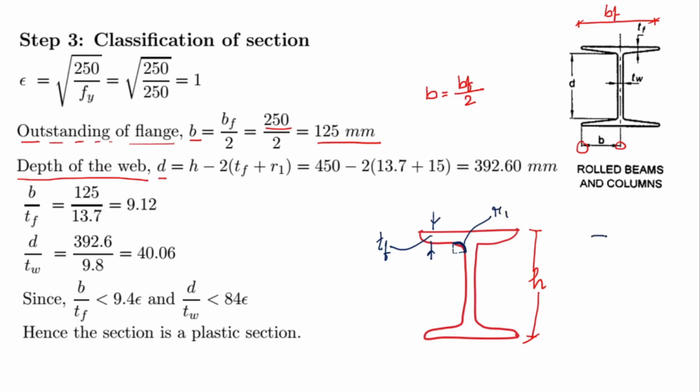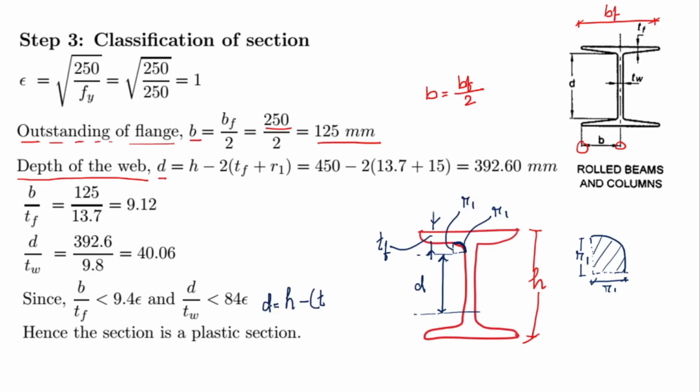If I draw this curved part, it will be like this. Its radius is r1, and this is the 1/4. This part is the 1/4 of one circle. Now we have to calculate the depth of the web, this one, which is denoted by small d, and this distance is r1, which is the radius of this curvature.